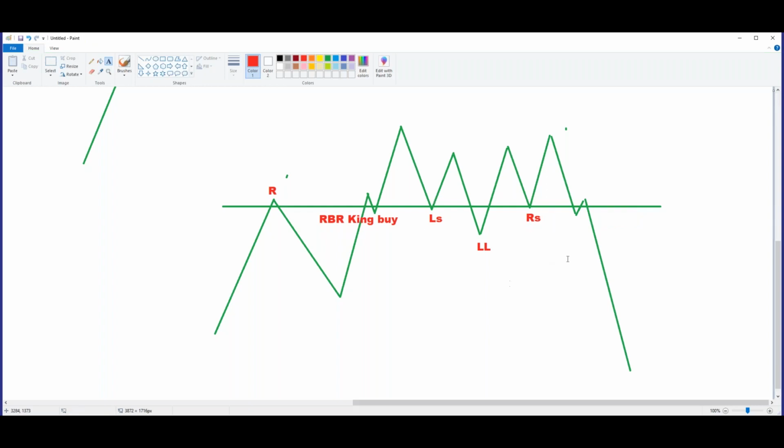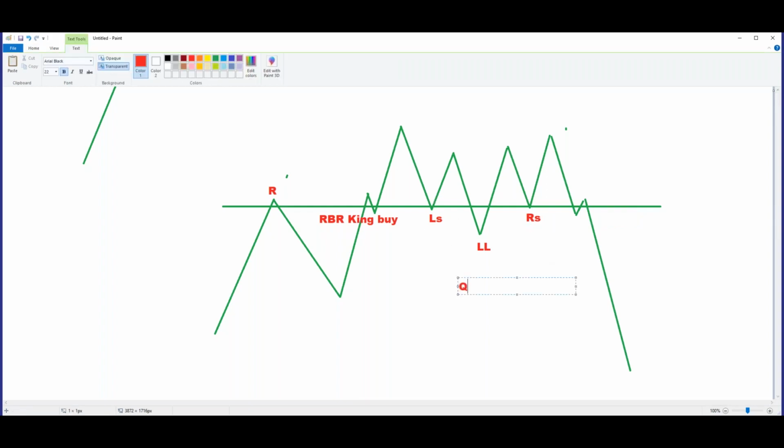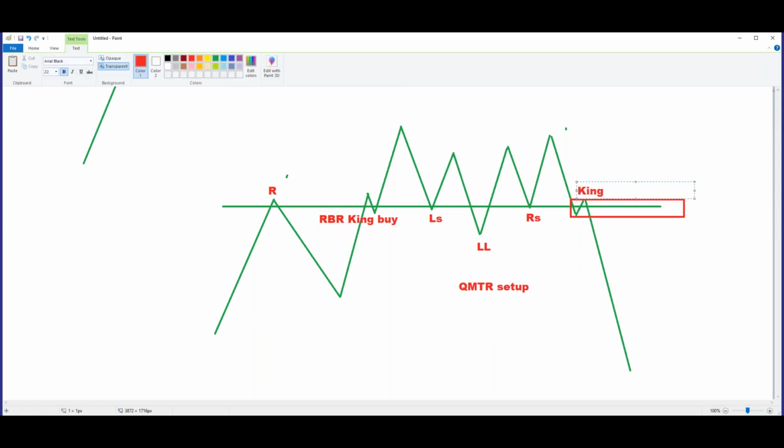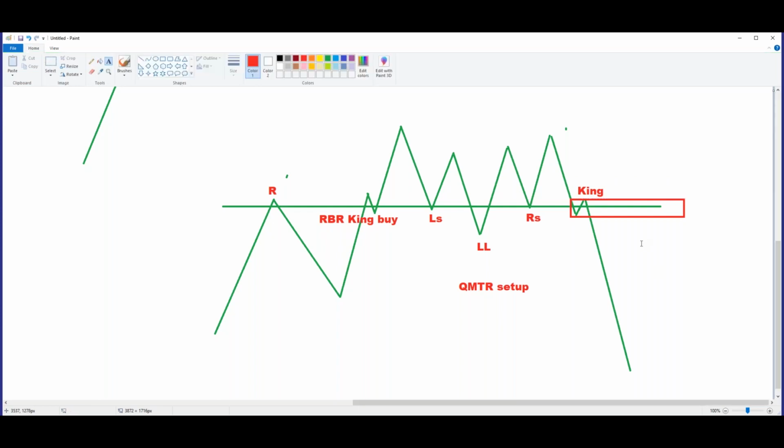So this setup alone is the QM TR setup. And we have a king over here. This is your king.